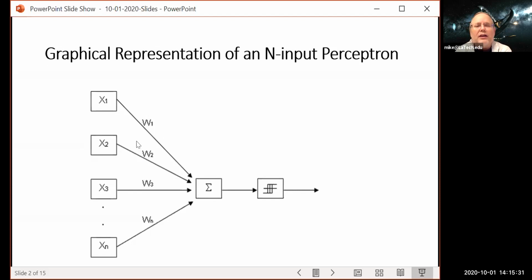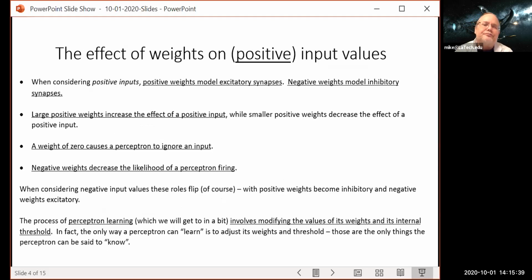So we have excitatory and inhibitory capabilities in our modeled neuron as well. If you just think about having positive inputs, then a positive weight models an excitatory synapse, and a negative weight models an inhibitory synapse.